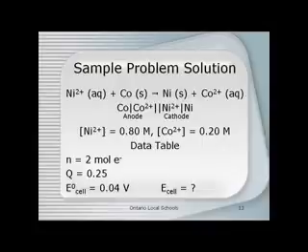And when cobalt is oxidized in this reaction, it's going from cobalt to cobalt 2 plus, so there are 2 moles of electrons for every mole of cobalt that is oxidized. The number of moles of electrons for both half reactions are equal, so they're already balanced. We don't have to do anything else to that. Q we calculated as 0.25. Thus, E of the cell under standard conditions is 0.04 volts, and E of the cell is what we're looking for, so we put a question mark there.